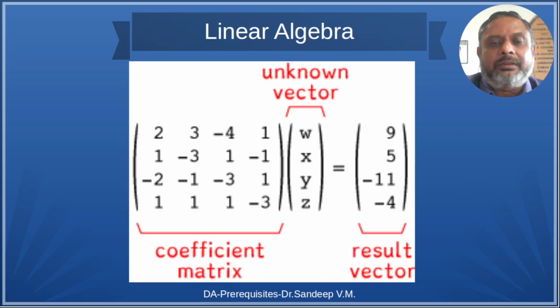There is an unknown vector, there is a coefficient matrix, there is a resultant vector. So we are interested in knowing the unknown. This is something to do with solving simultaneous equations. You can do it the way we did in school: you take two equations, somehow manage to remove one variable, continue doing it, and reduce to a single variable.